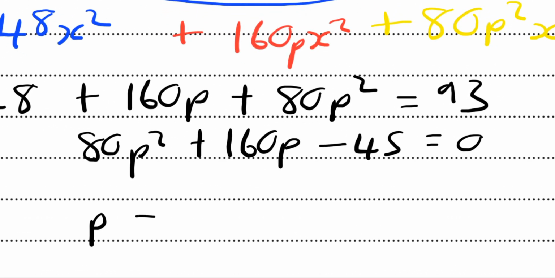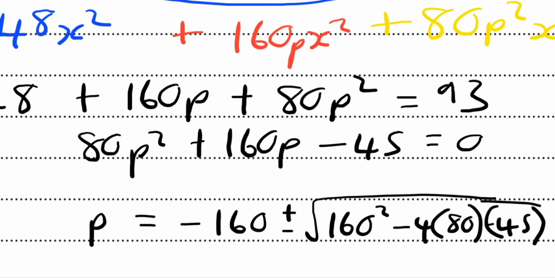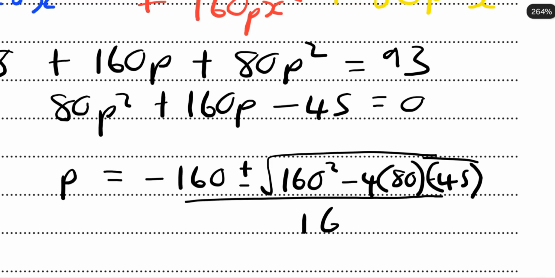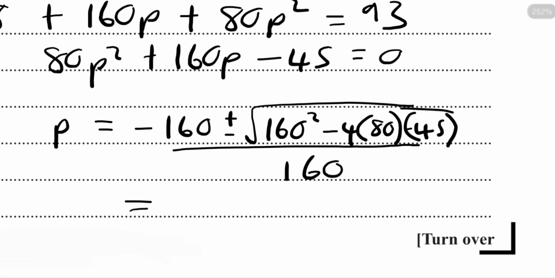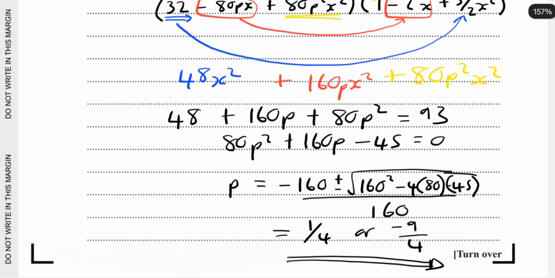So p will be equal to minus 160 plus or minus root of 160 squared minus 4, our a is 80 and c is minus 45, all over 2 times a, which is 160, right? So punching this in our calculator, we get p equals 1 over 4, or p equals minus 9 over 4, right? And that will be it for part B of this question.